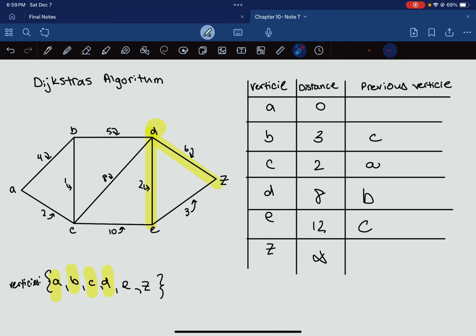So the whole path now would be A to C, C to B, B to D, and D to E. All of those numbers combined are 8 plus 2, which is 10. 10 is smaller than 12. So we are going to erase this, write 10, and the previous one was D.